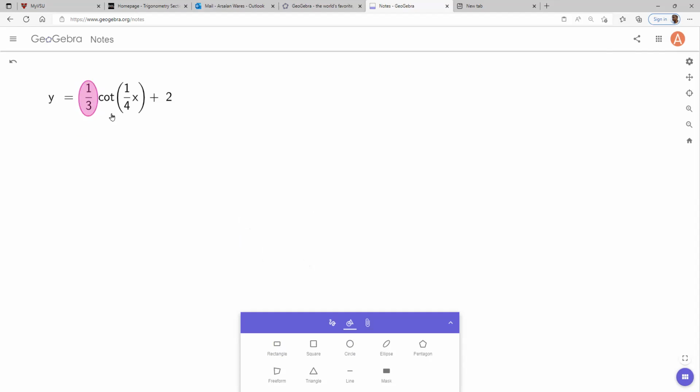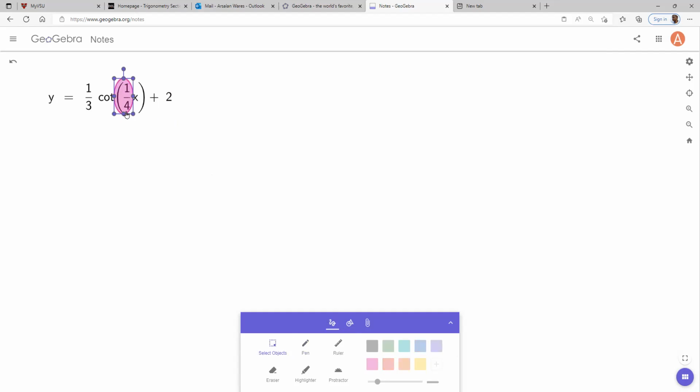And you have to go to Desmos and play around. This will be a move up by 2 units, vertically going up. The entire graph of cotangent x will vertically go up. This will also not impact the range or the domain. You can practically ignore this.